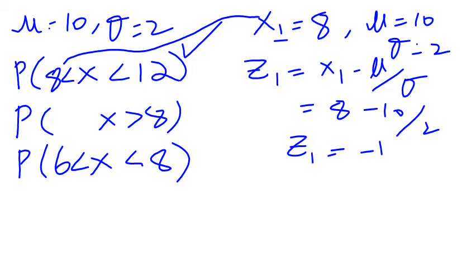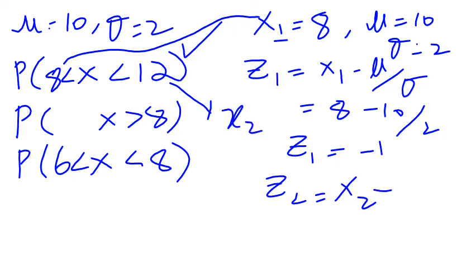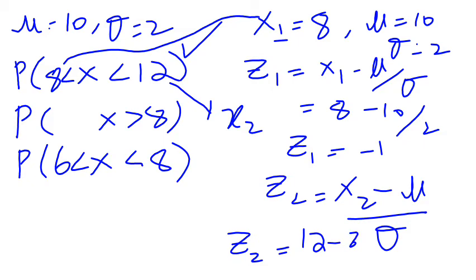Similarly, we can find our z2 for x2. Now I am calling this x2, so z2 is x2 minus mu over sigma, which is 12 minus 10 over 2, which is 1.